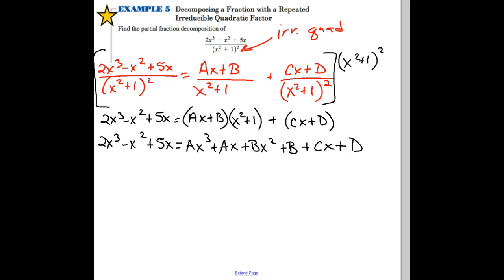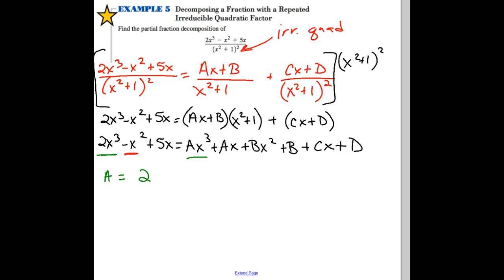All right, let's get our things balanced. So let's start with our cubes. We have 2 of them on this side having to balance with what? Just an a on that side, right? So right away we know that a is going to be 2. That was easy. All right, how about the x squareds? I have -1 on that side.